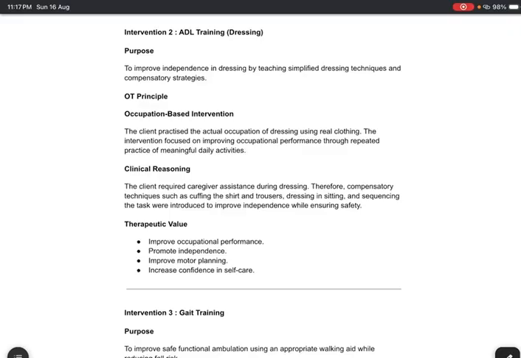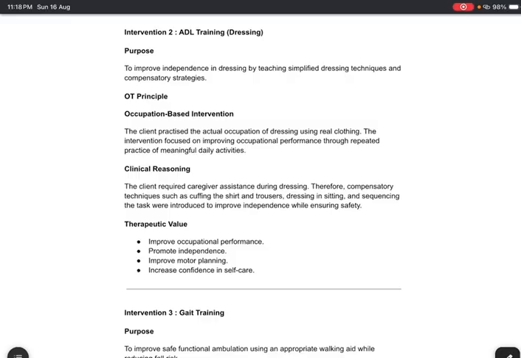For upper body dressing, Mr. K was taught to cuff or roll the shirt before dressing. He then inserted his head through the neckline, followed by his arm into the sleeves, and adjusted the shirt into the correct position. For lower body dressing, he was instructed to perform dressing in sitting for safety.